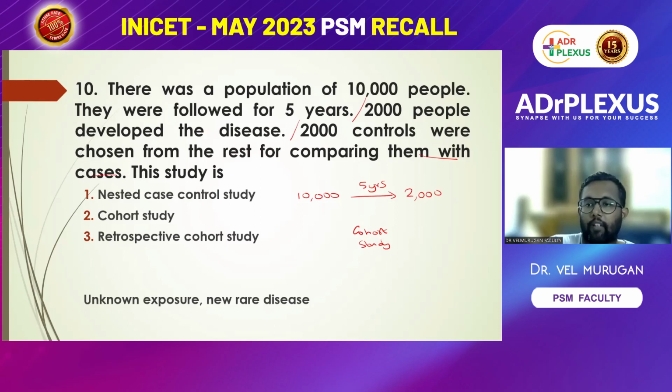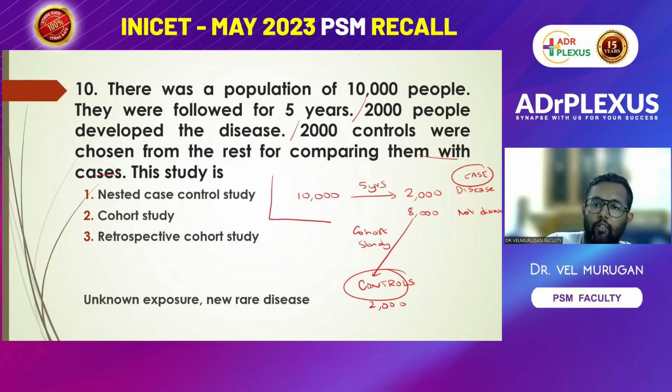So 2,000 developed the disease. Now, from the remaining 8,000 people who are not diseased, they are choosing the controls. So they are trying to do a case control study inside a cohort study.